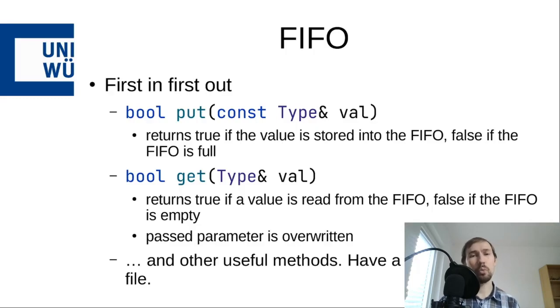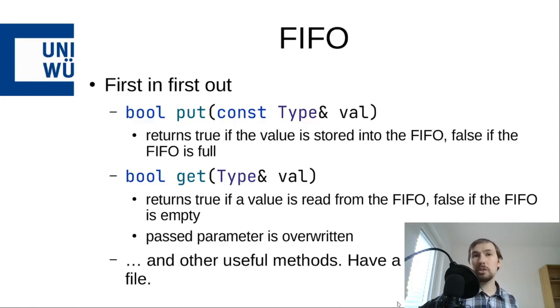The FIFO class is very simple. It is a templated class which defines the data type and the length of the FIFO, and you have different simple methods. The most important ones here are the put and the get method.